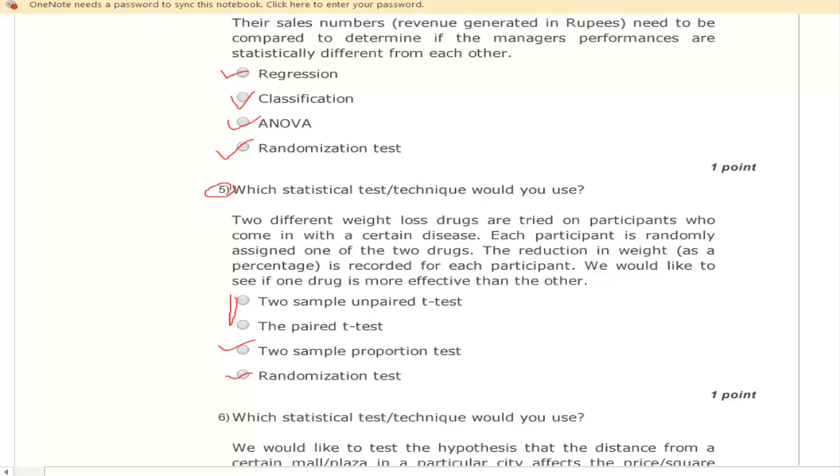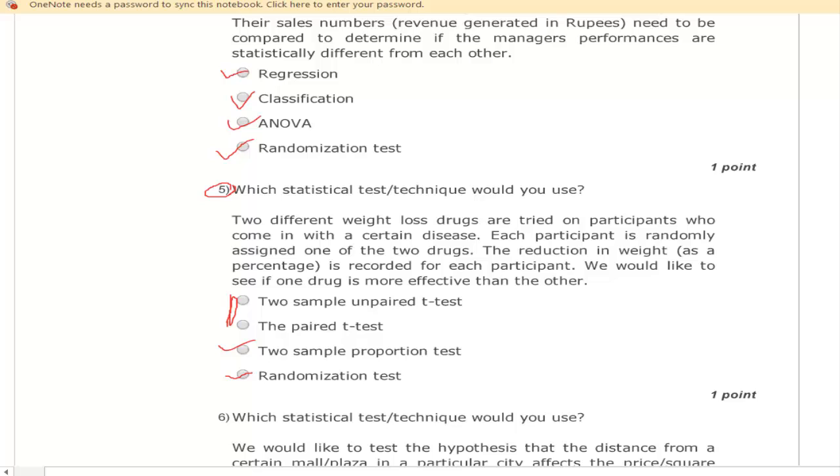To see whether it's an unpaired or paired t-test, one critical question to ask ourselves is is there a logical pairing between the weight loss drug tried on a particular person, weight loss drug A tried on a particular person and weight loss drug B tried on a particular person.